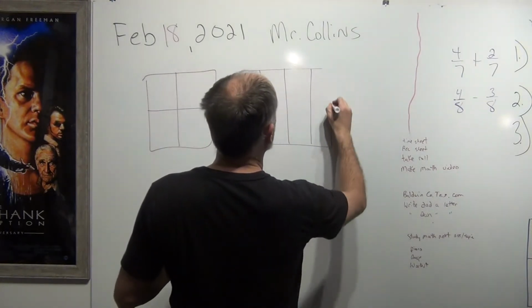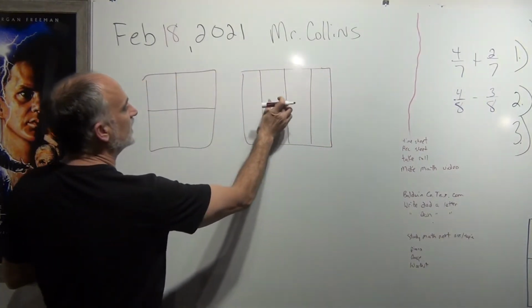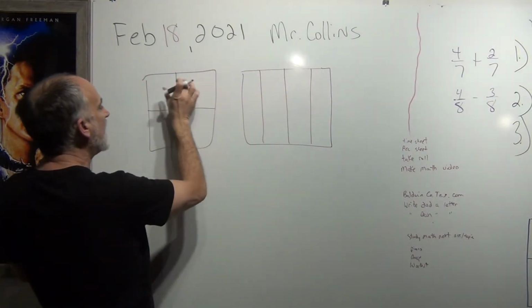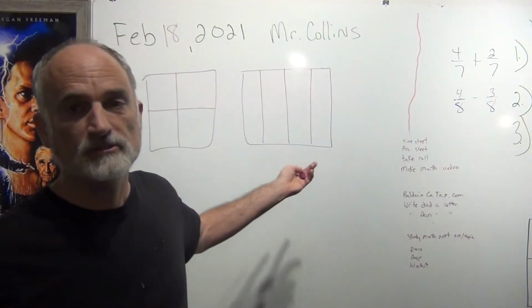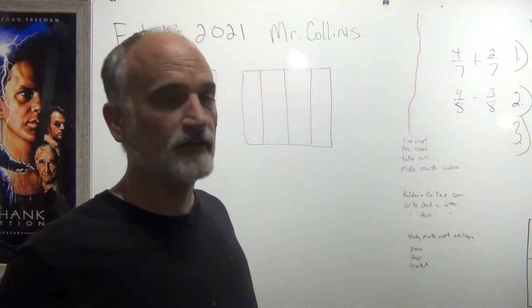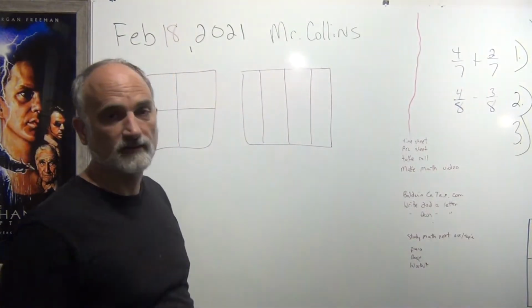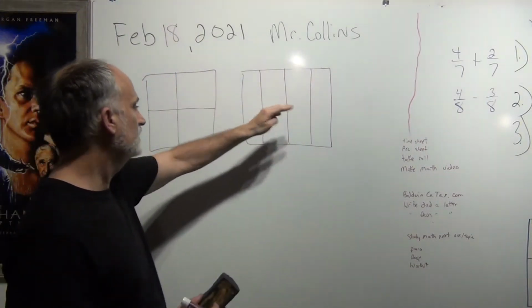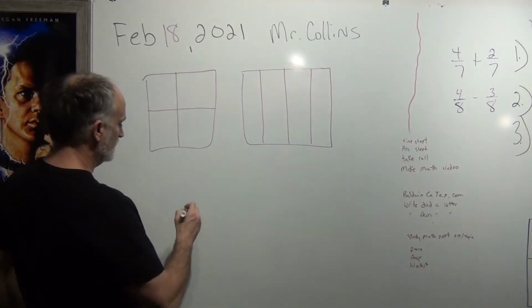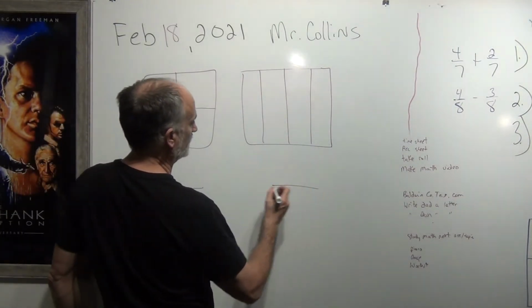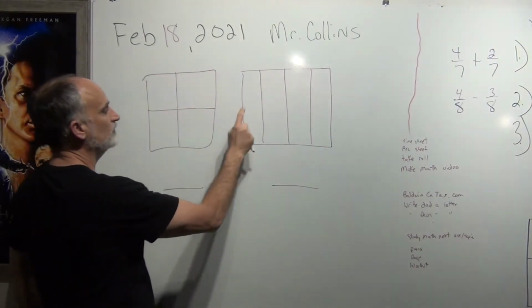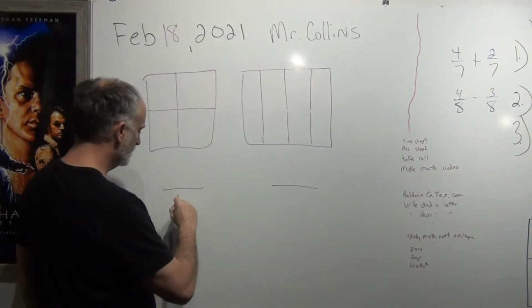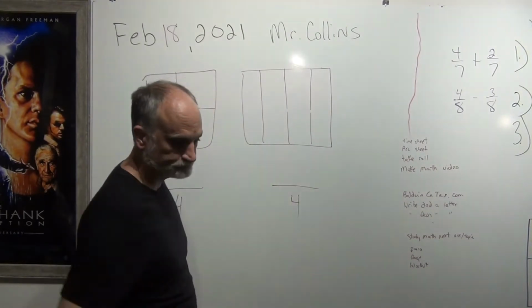If all these pieces were not the same length and height, then I couldn't be showing you this. I'm just free drawing, so keep in mind everything's the same. Let's look at this. What's on the bottom here? What's the denominator? 1, 2, 3, 4. It must be a 4 on both sides, right?